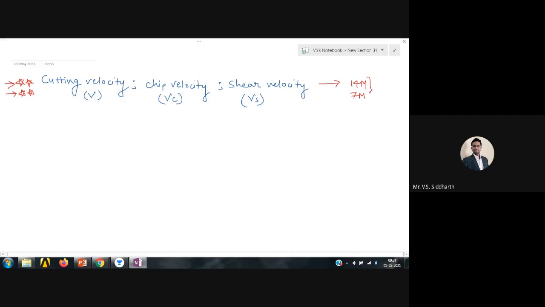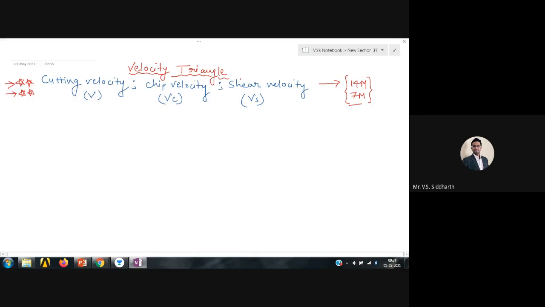They will ask you to derive the expressions for chip velocity and shear velocity, or they might ask you to draw the velocity triangle or something like that. Basically, this derivation will be asked. Sometimes we also call it the velocity triangle concept.